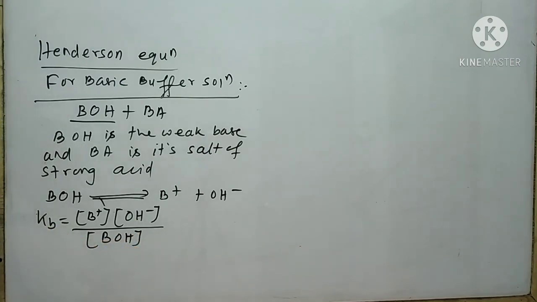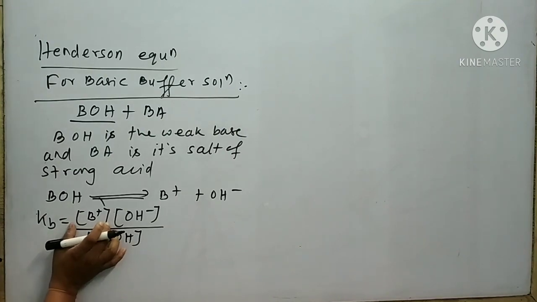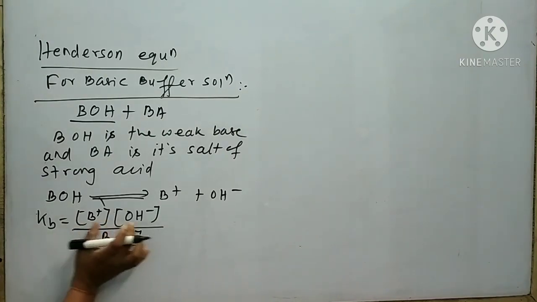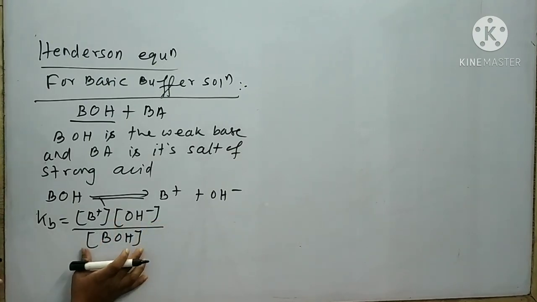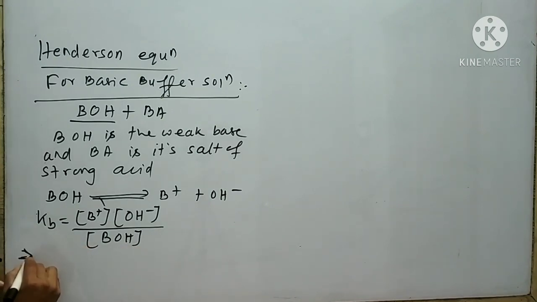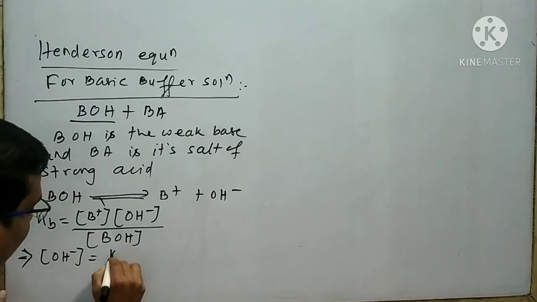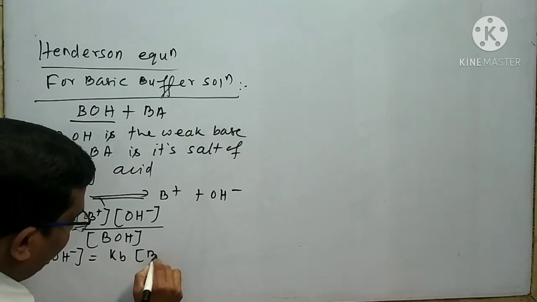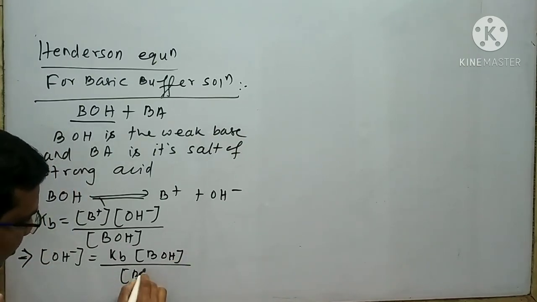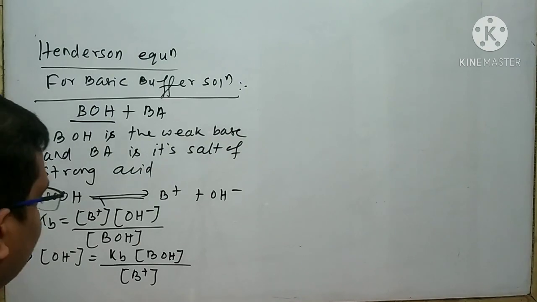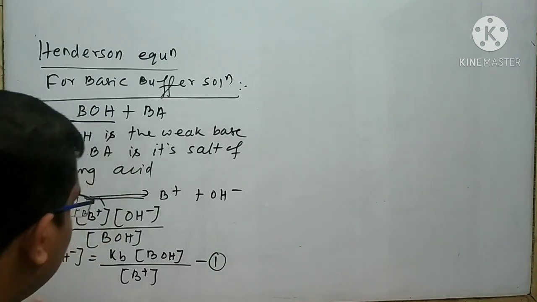Here Kb is the equilibrium constant for the base. These terms are the molar concentrations of B plus ion, OH minus ion, and BOH. This implies that the concentration of OH minus equals Kb into molar concentration of BOH divided by molar concentration of B plus. Suppose this is equation 1.